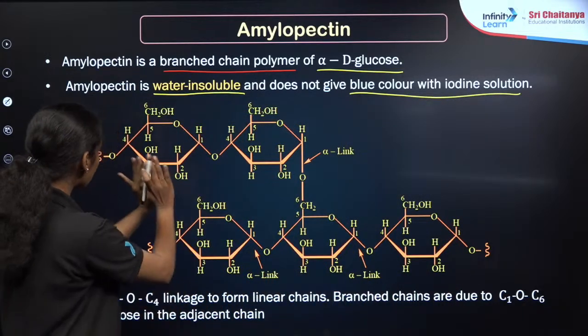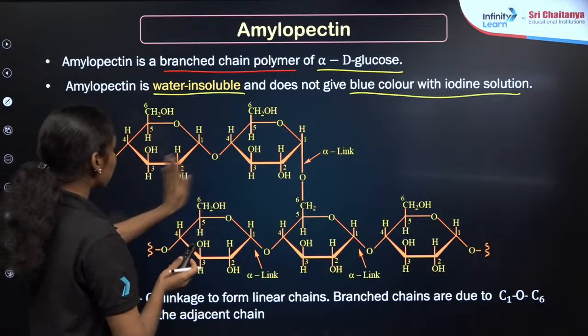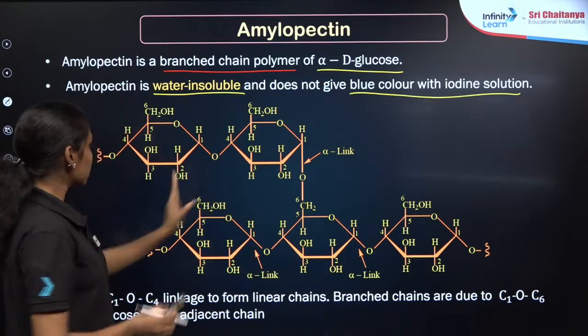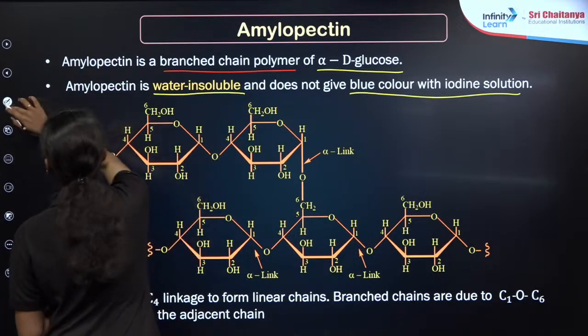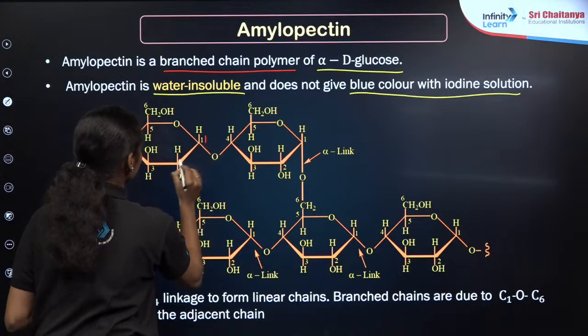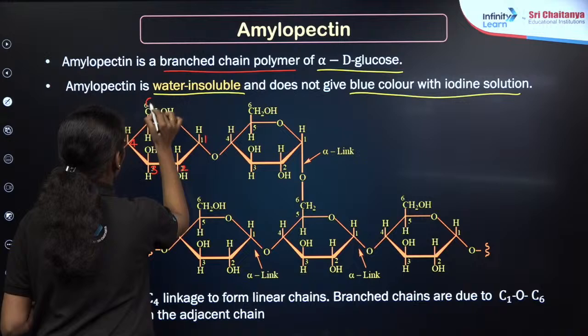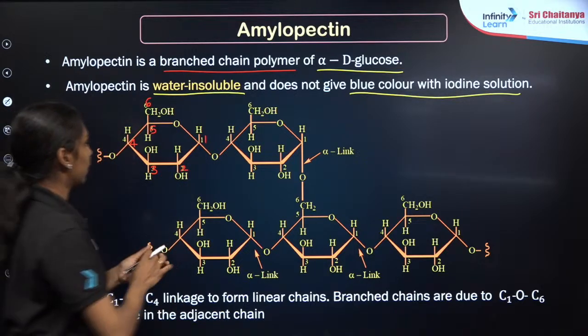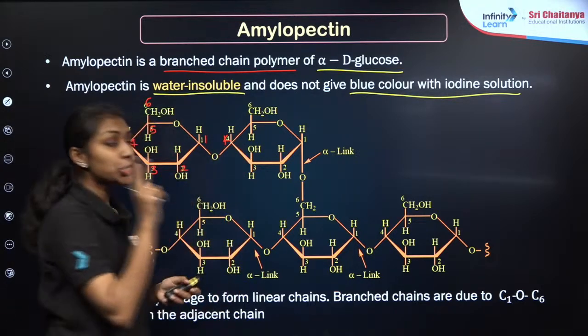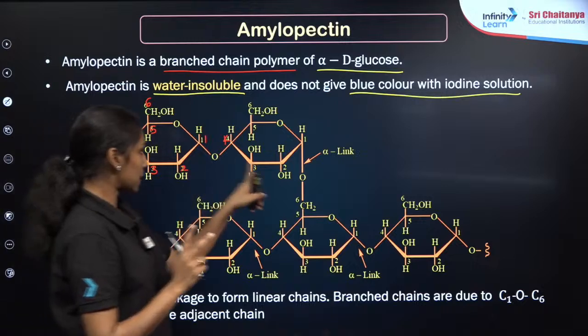Now, let us discuss the structure here. These are the glucose molecules, and we are just numbering here. There are two types of glycosidic linkages present here.